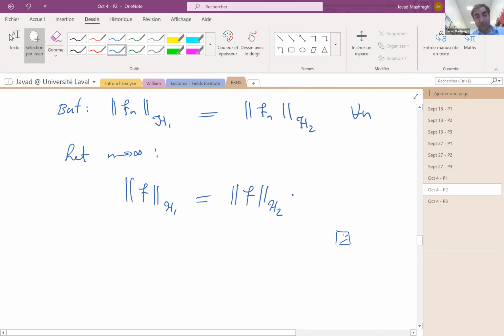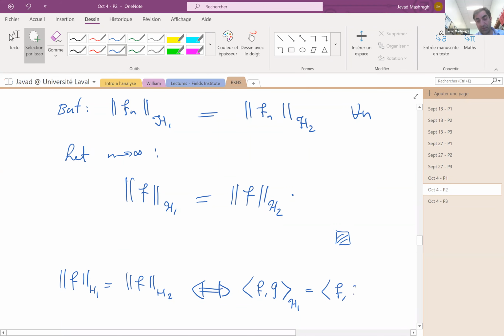That finishes the proof. And as I mentioned, based on the question which was asked, norm of f in H1 equal to norm of f in H2 is indeed equivalent to saying that for every f and g, the inner product of f and g in H1 is equal to the inner product of f and g in H2.